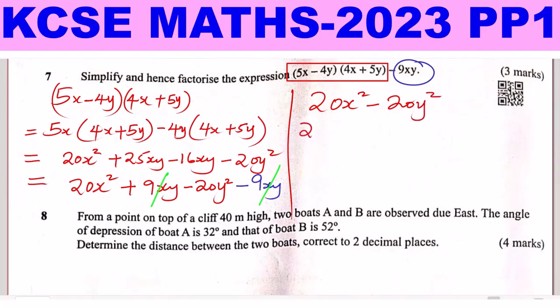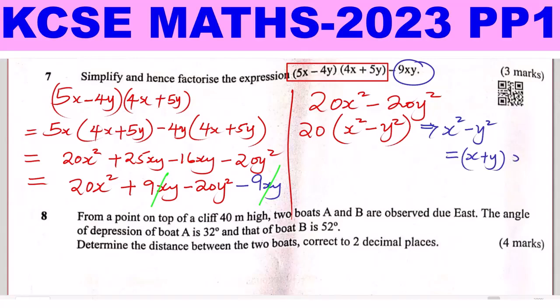20 is common, factor out 20, remain with x squared minus y squared. Remember this difference of two squares, recall that x squared minus y squared is equivalent to x plus y, x minus y.